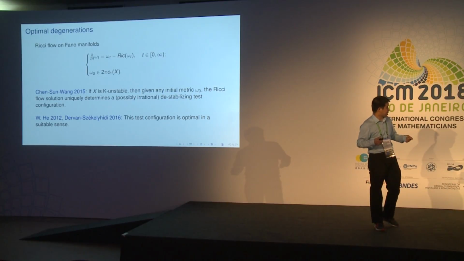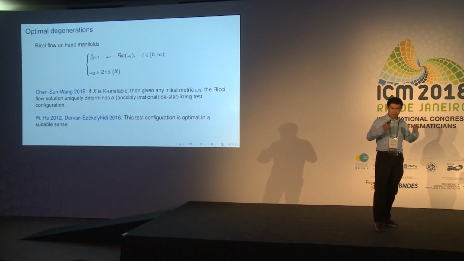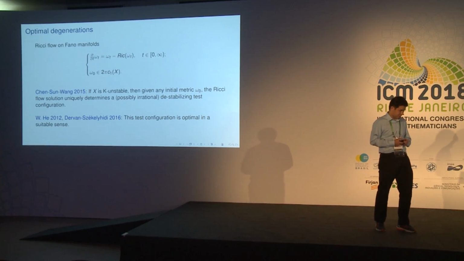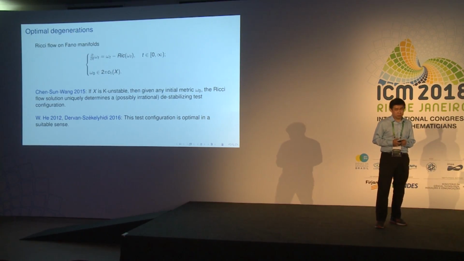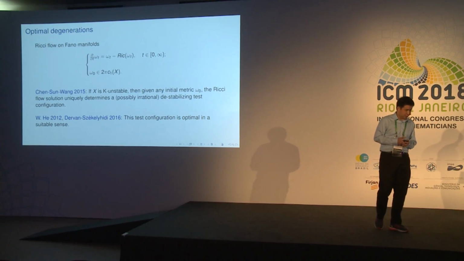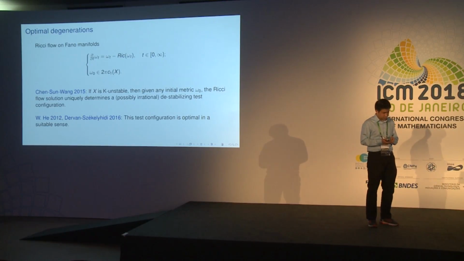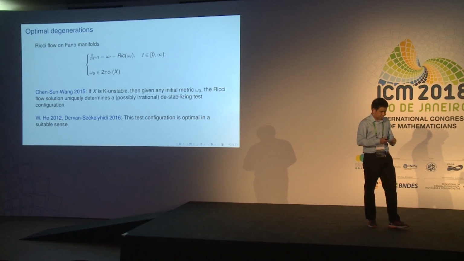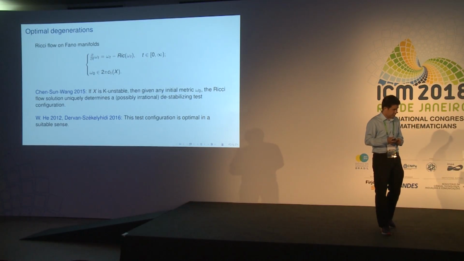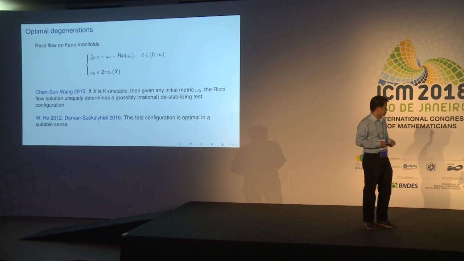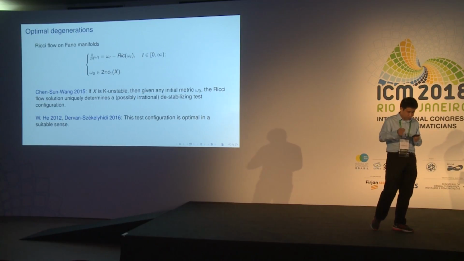It's not a Futaki invariant, but it can minimize certain invariant related to Futaki invariant if you normalize suitably. So here, basically, we know that the Ricci flow as a geometric PDE has algebraic structure.